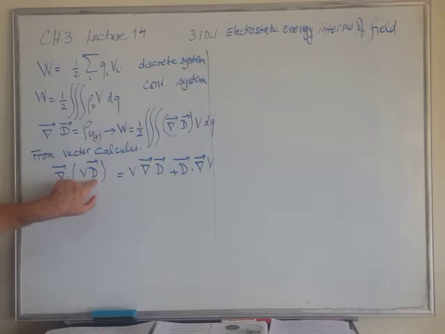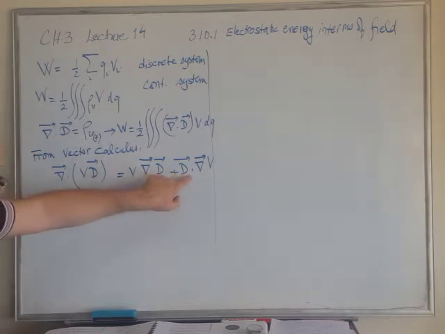V times D is a vector. The divergence of this vector is the scalar part times the divergence of D, those are two scalars actually, plus D dot the grad of V, which is a vector.